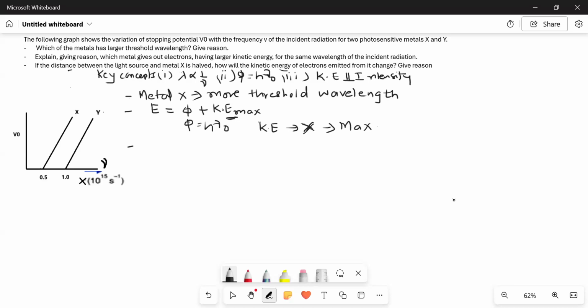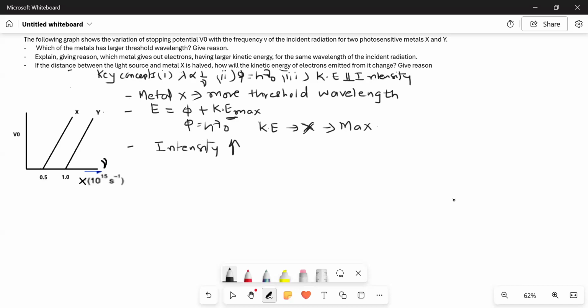Third is, if the distance between the light source and metal X is half, how will the kinetic energy of the electrons emitted from it change? Give reason for it. So here the distance between the light source and the metal is reduced to half. So when the distance is reduced to half, the intensity will increase.